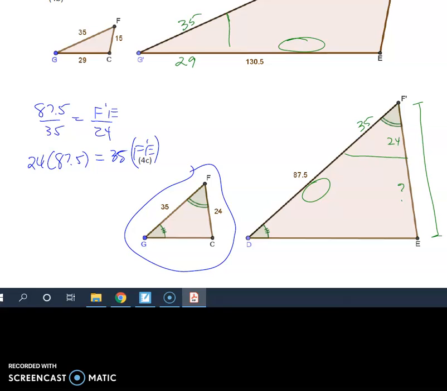And that's going to be helpful because again, I need to know how to split the FE. One length is 24, what's the other piece? So 157.5 times 24 is 3780.